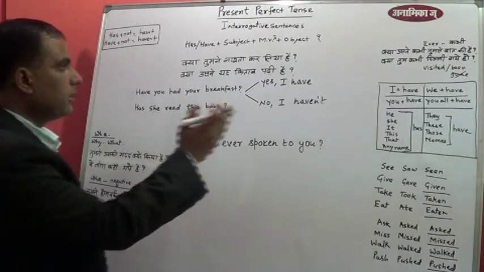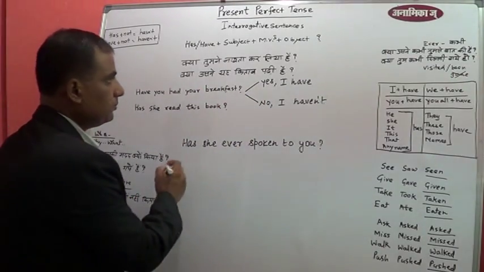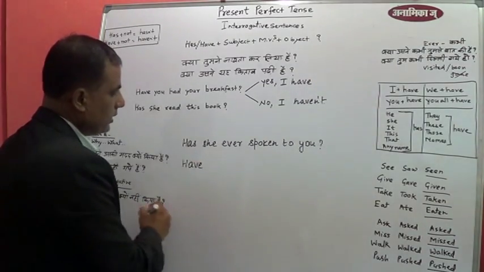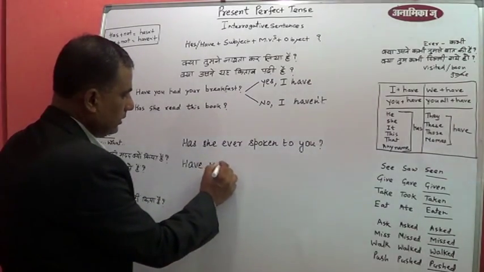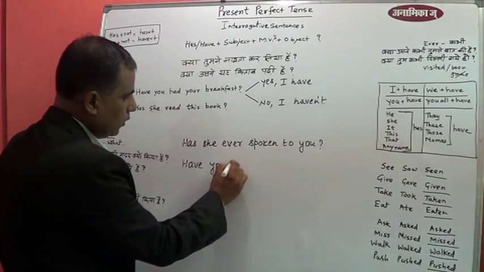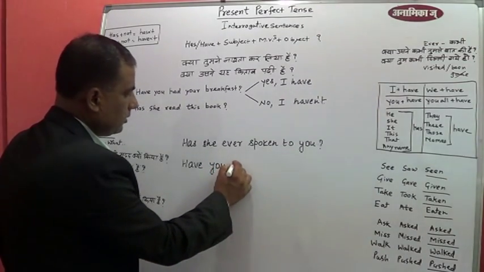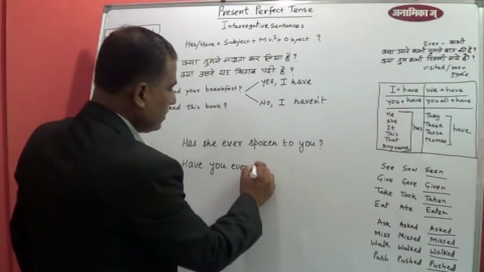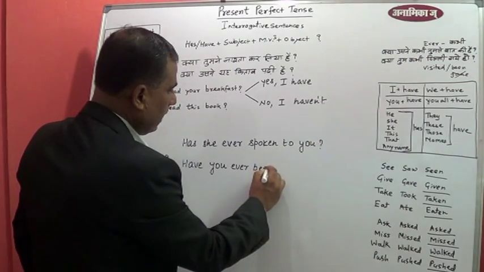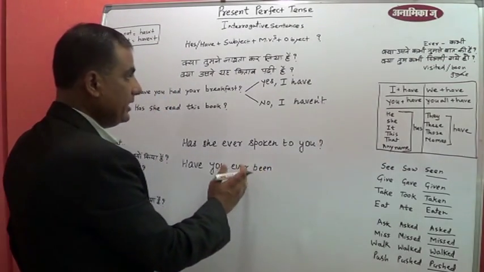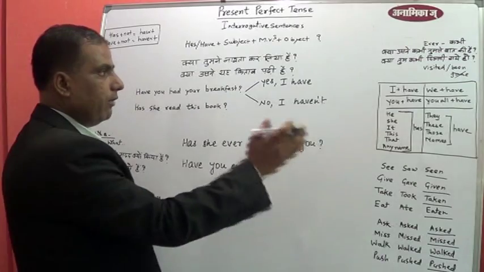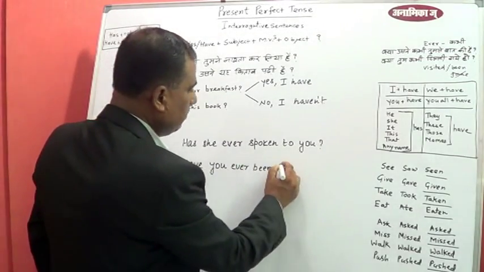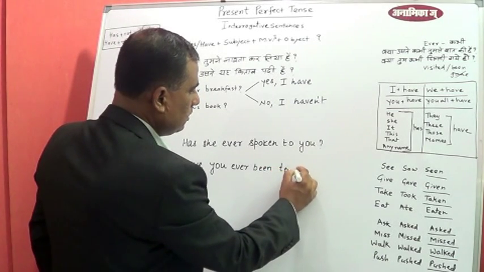So if we try to convert this into English, it will start with have, because you is the subject, and then you, and then ever, and this additional word been will come, which will indicate that I went to Delhi and then I came back. So have you ever been to Delhi?